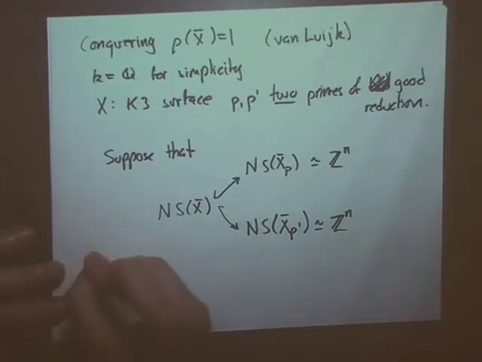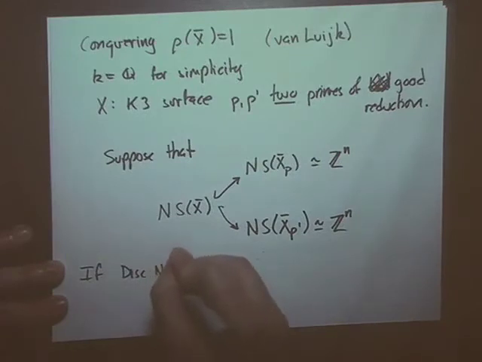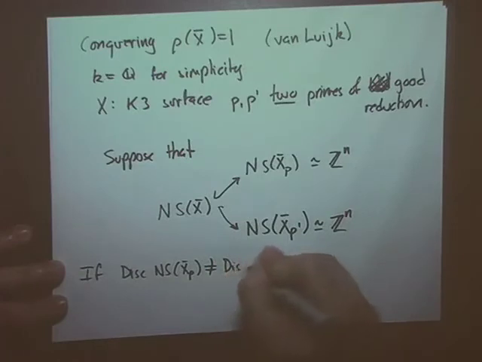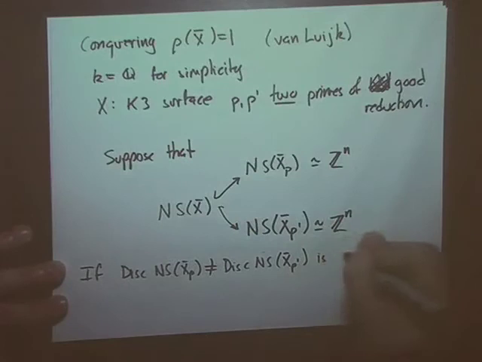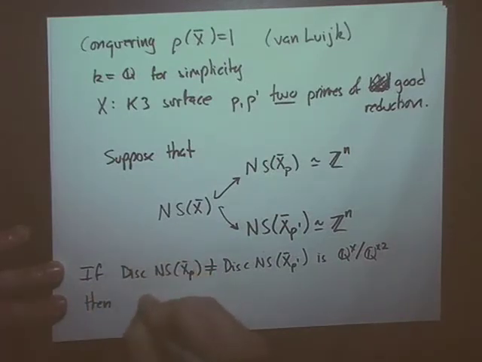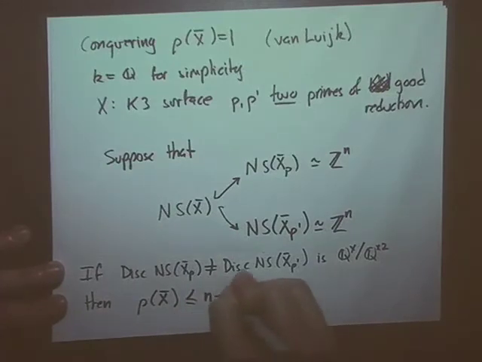And so if the discriminant of the Néron-Severi group of x p bar is different from the discriminant of the Néron-Severi group of x p prime bar in Q cross mod squares, then in fact, you must have that the Picard number of the original surface is bounded by n minus 1. Okay, so this is how we conquer rho equals 1. So what we do is apply this when n equals 2.